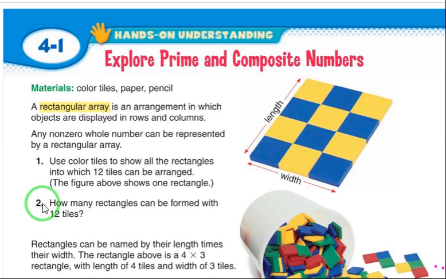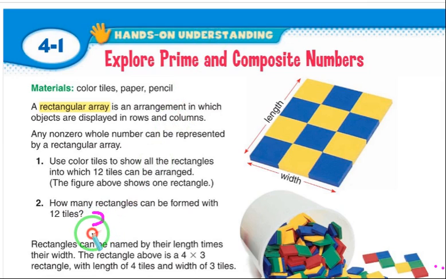Okay, so I can form the 12 tiles as 3 times 4, sorry, and 6 times 2 and 12 times 1. This means three rectangles.